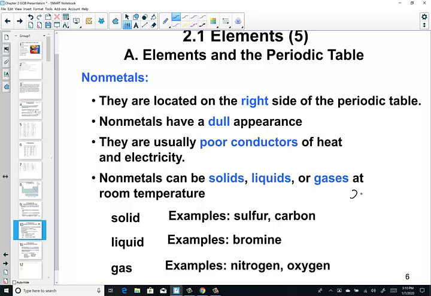Did you know that there are only 2 liquid elements at room temperature? There's only 2. They are the element bromine, which is a nonmetal, and the element mercury, which is a metal. All other elements are either solids or gases at room temperature. These are the only 2 elements that you find in nature occurring as a liquid.